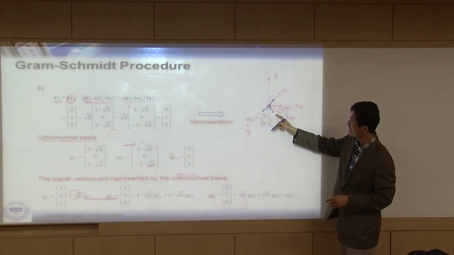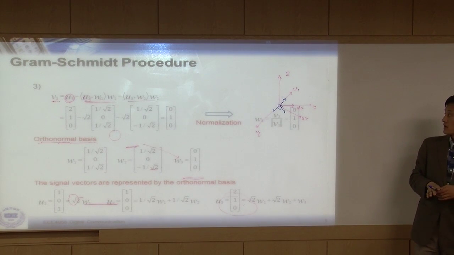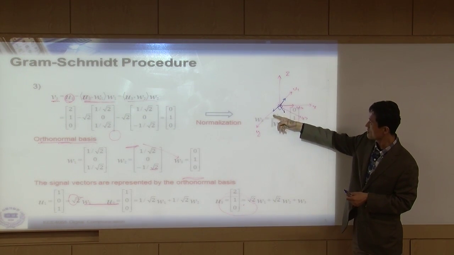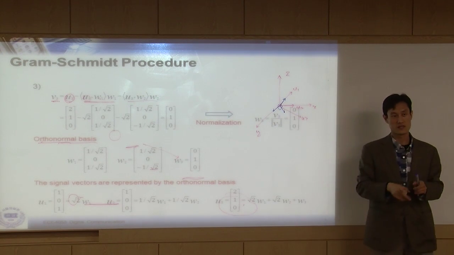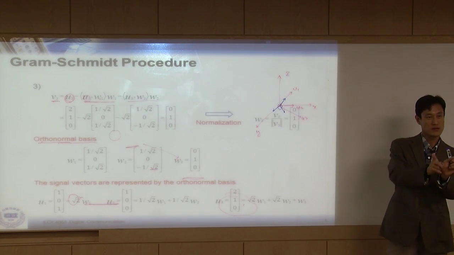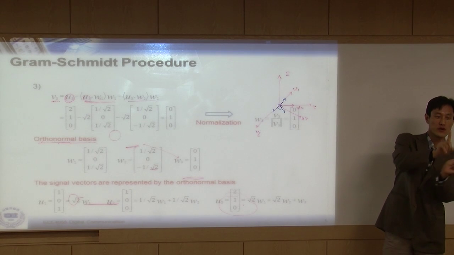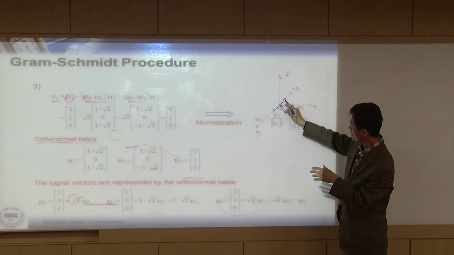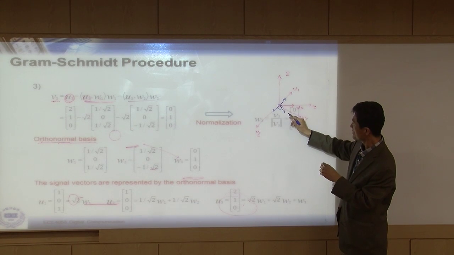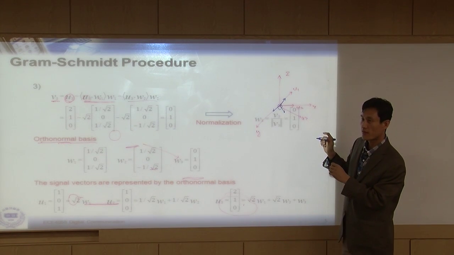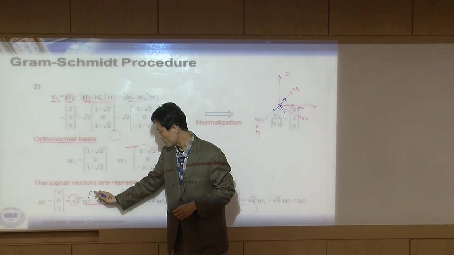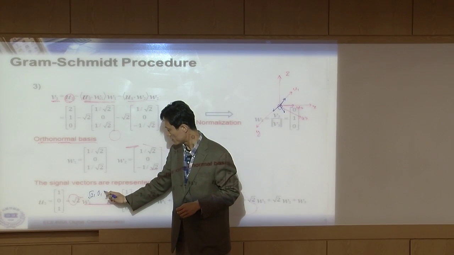So if we use these three bases, meaning that now this is like the x, this is like the y, this is like the z axis, we are basically rotating and making a new x, y, z basis. Once you do that, then based on this new x, y, z basis, where is U1? That's here: root square 2, 0, 0.